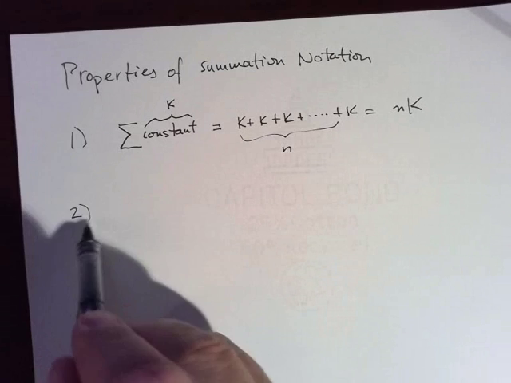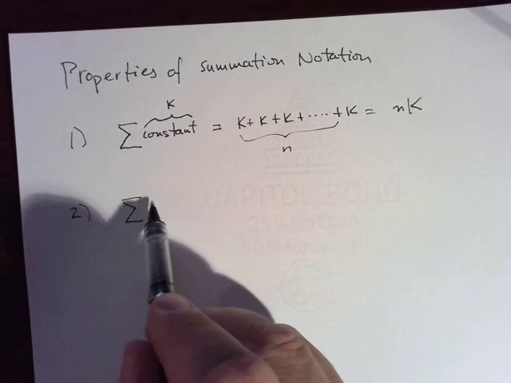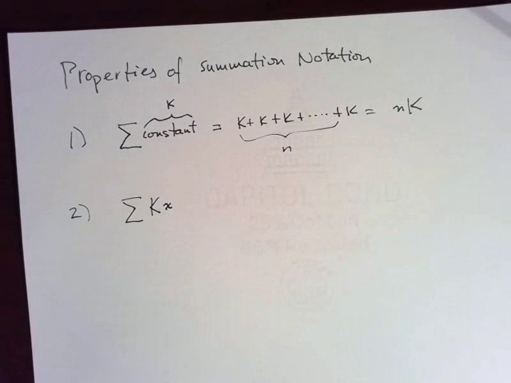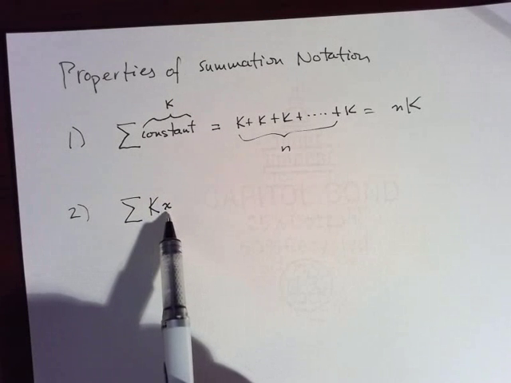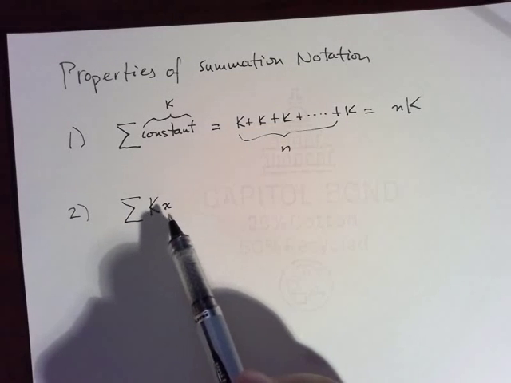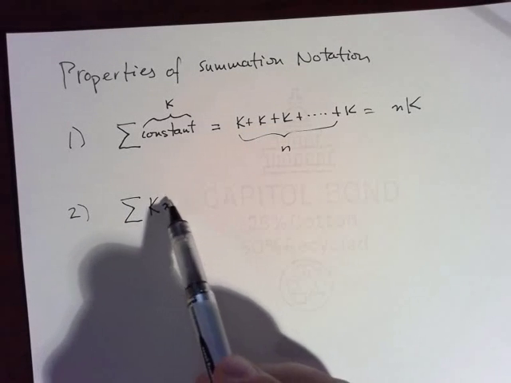The second property is if we have a constant times something that does vary. Remember, this x, different heights of students, or the different amounts of money, or the different masses of things, or the different values of houses. These are x's changing as you go across the data set.